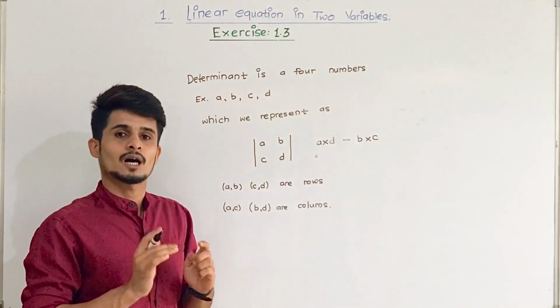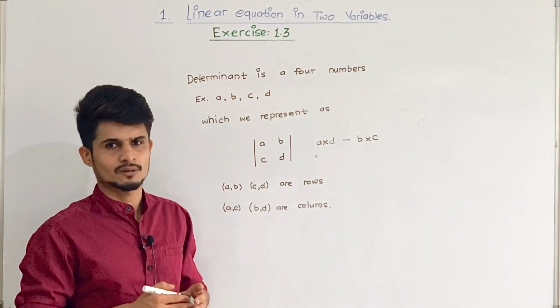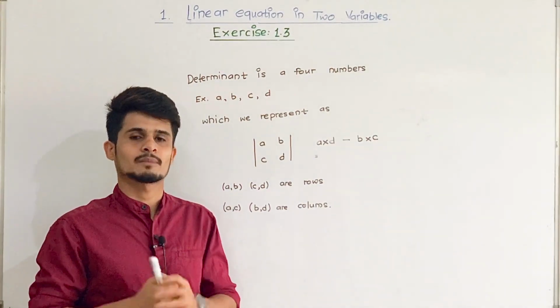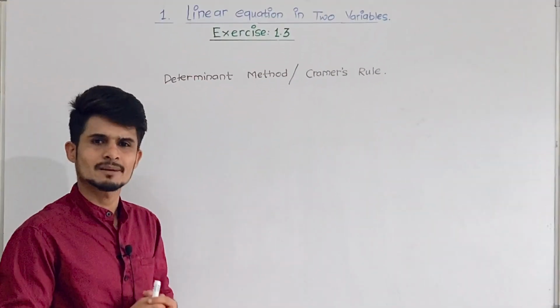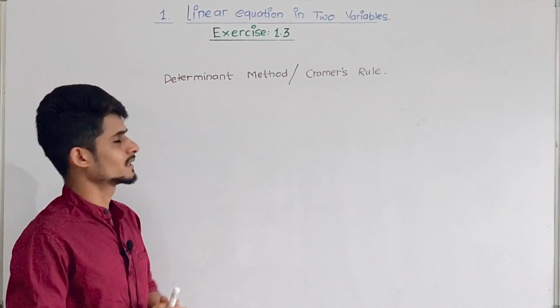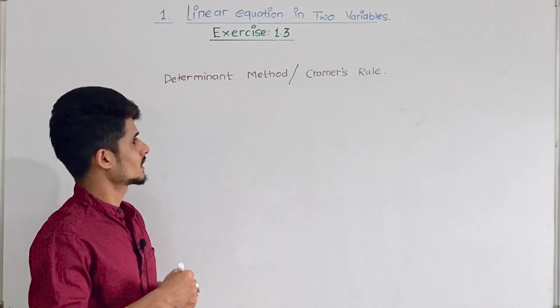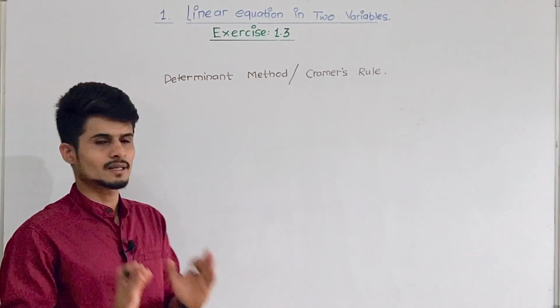Now we'll see how to solve simultaneous equations using the determinant method, or Cramer's rule. To solve them by this method, we need two general equations.